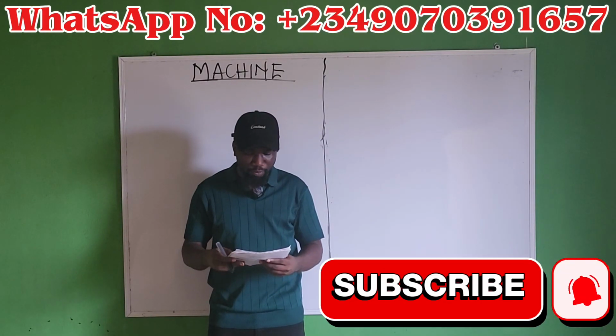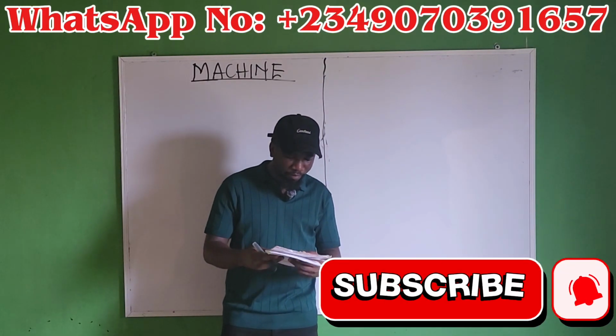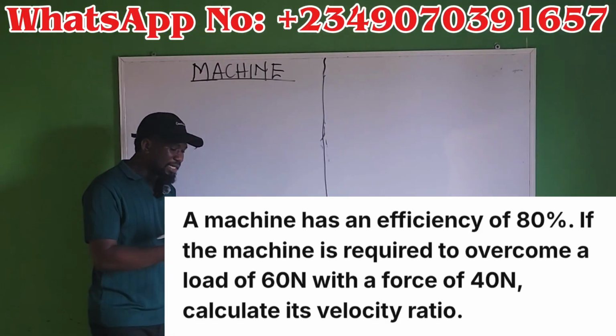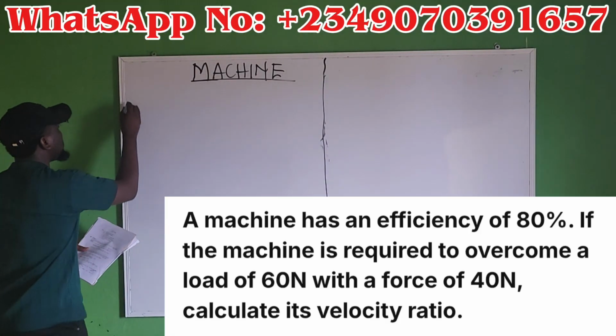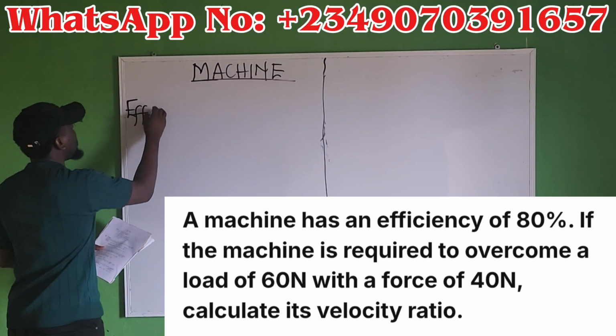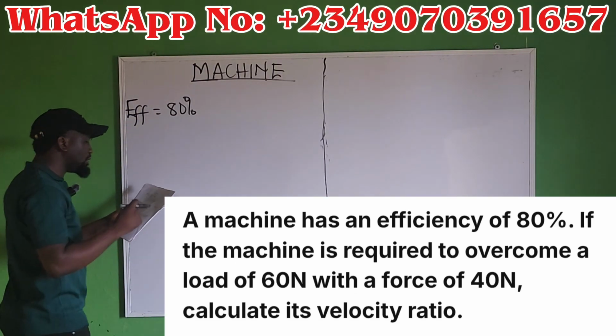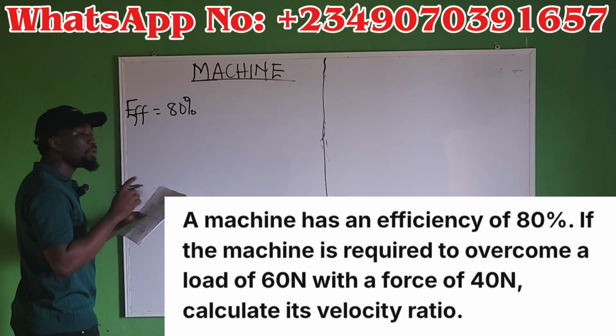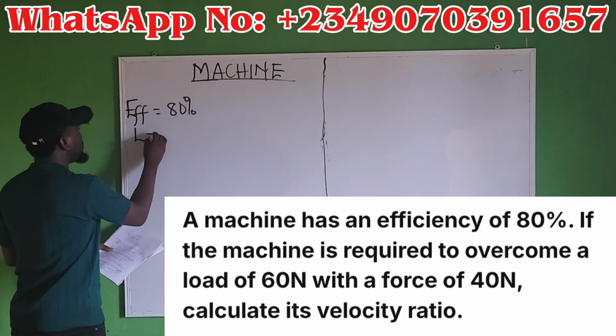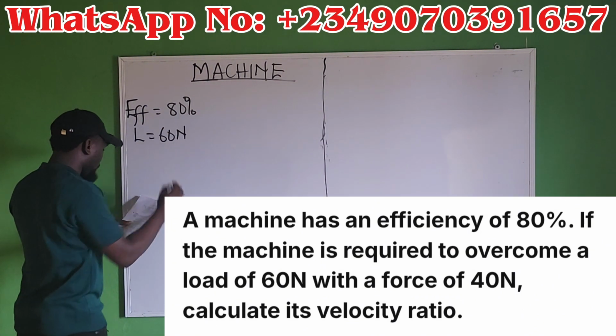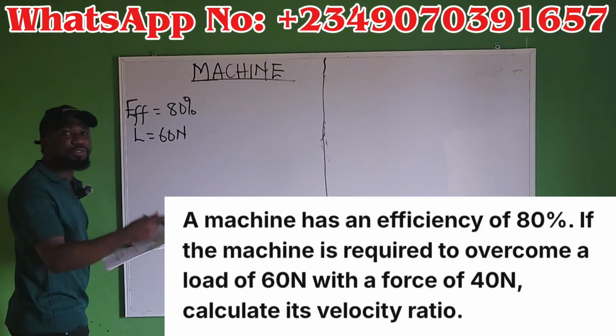All right, so question 1 says that a machine has an efficiency of 80%. If the machine is required to overcome a load of 60 Newton with a force of 40 Newton, what does that mean?